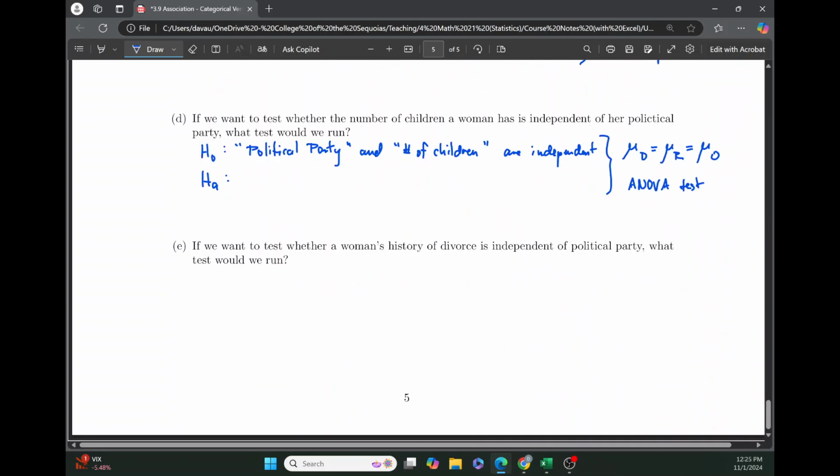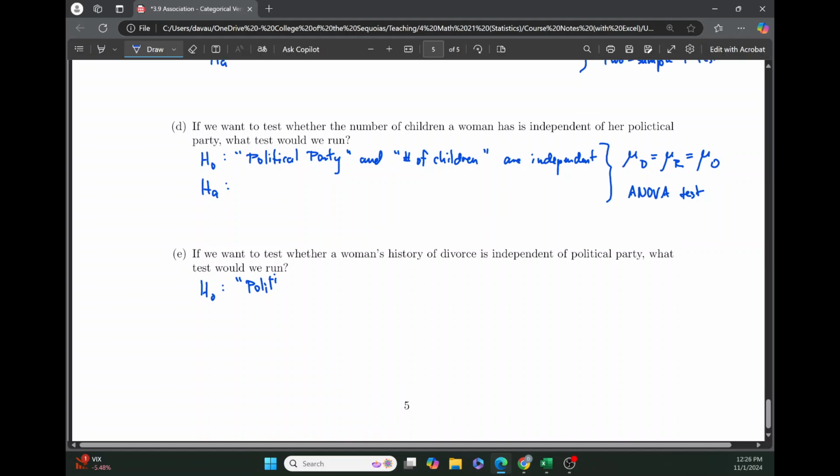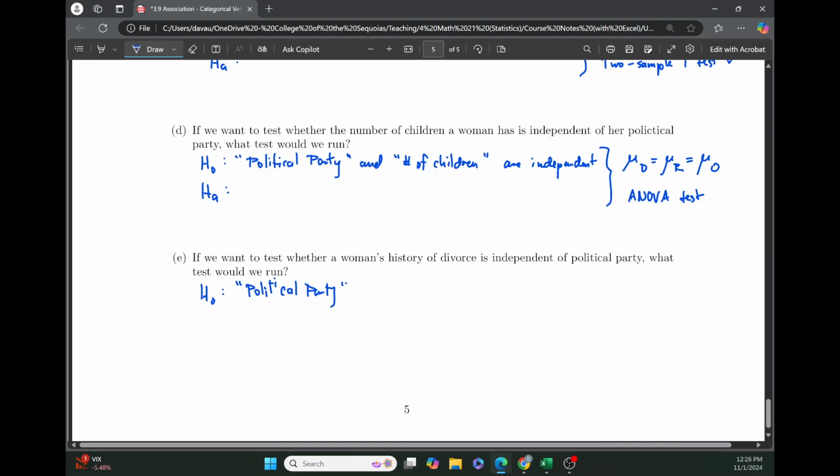Okay, so if we want to test whether a woman's history of divorce is independent of political party, what test would we run? We would state the hypotheses in terms of independence, right? We would say political party and divorce are independent.